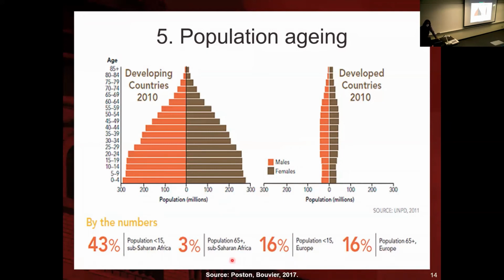On the other hand, 3% of the people with at least 65 years of age live in sub-Saharan Africa, based on data from 2010, and already around 16% of people with at least 65 years of age live in Europe by 2010. So there is population aging going on, but at the same time there is variation across countries, regions, and continents.